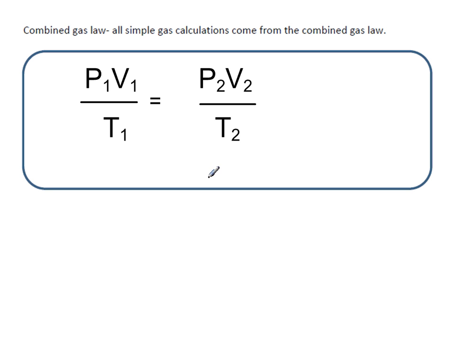All of the baby gas laws, or the simple gas laws, are based off the combined gas law, which is when you're focusing on only 3 variables, P, V, and T. If you're given 5 values, which they rarely give you on the AP exam, you would just plug into the combined gas law. But what they usually do is give you a version of one of the simple gas laws by holding one of these constant.